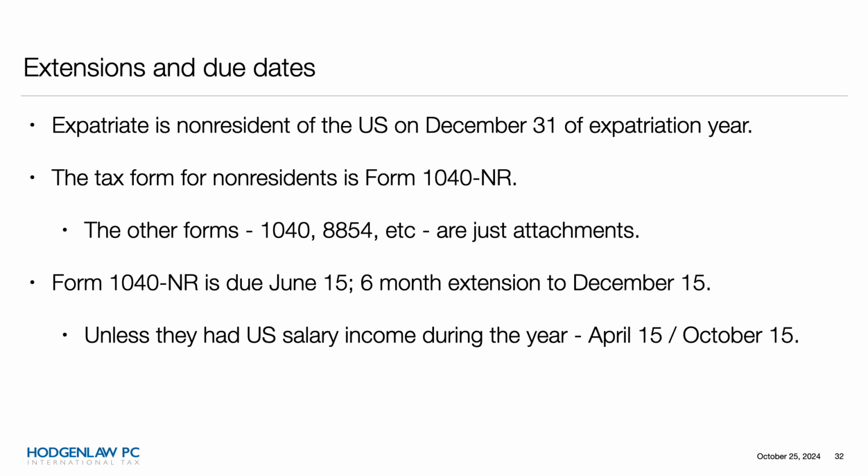Form 1040-NR is due June 15th, and you can get a 6-month extension to December 15th. There is an exception if the taxpayer has U.S. salary income during the year, then they're set 2 months back to April 15th and October 15th. And so most expatriates are not going to have that, but we've certainly seen it a number of times, so it's not all that uncommon.